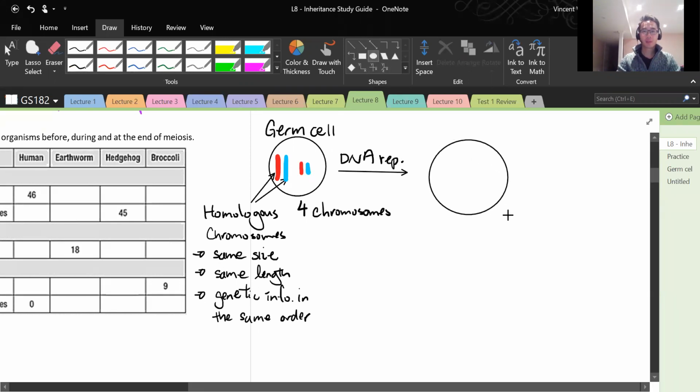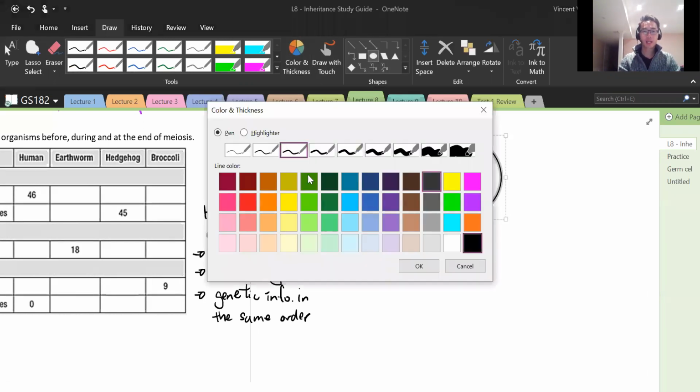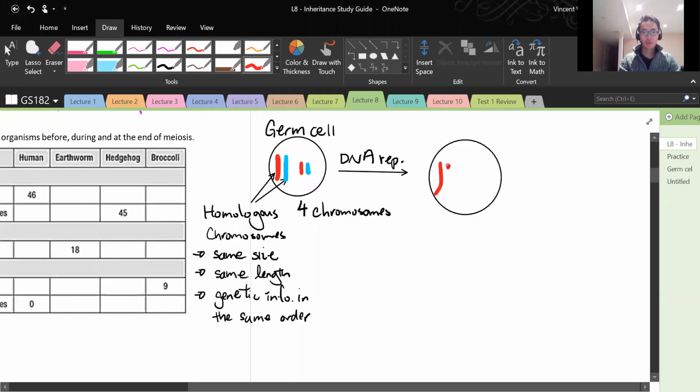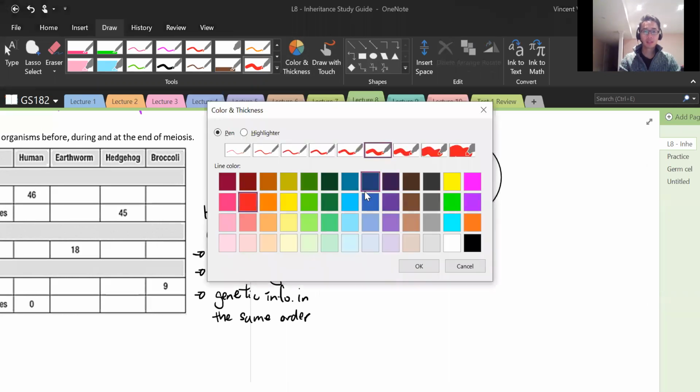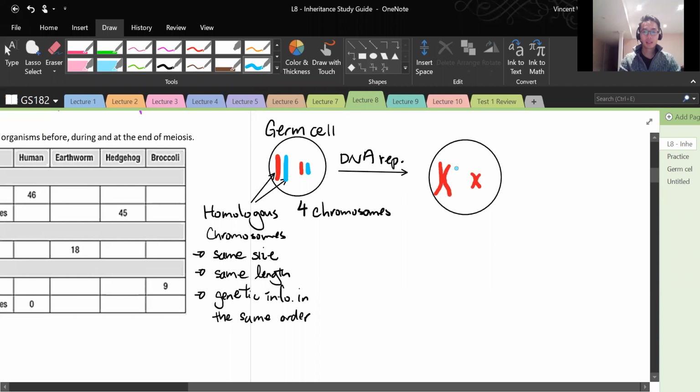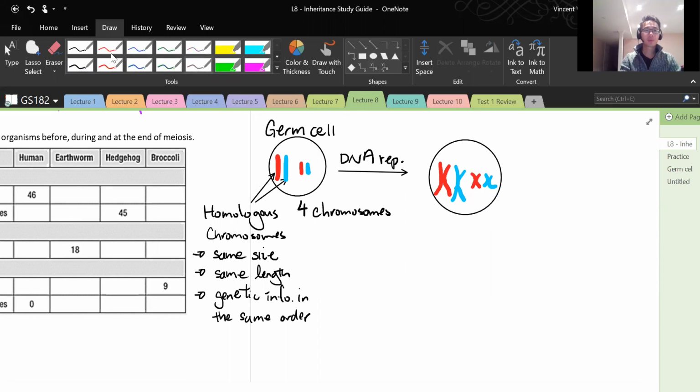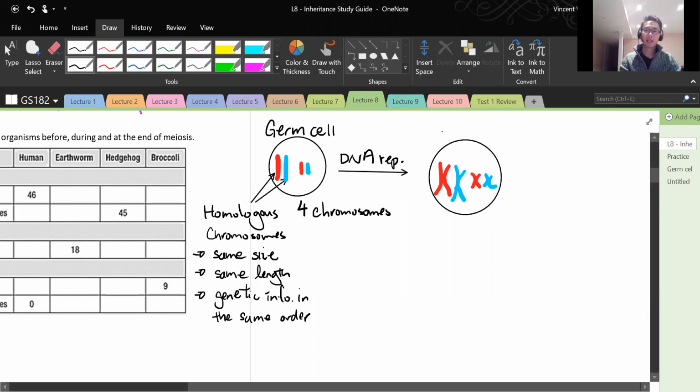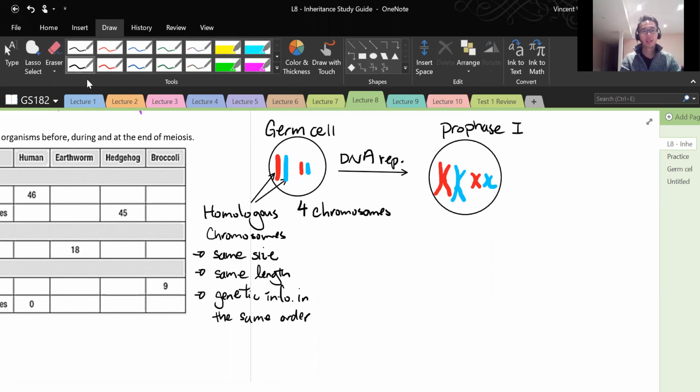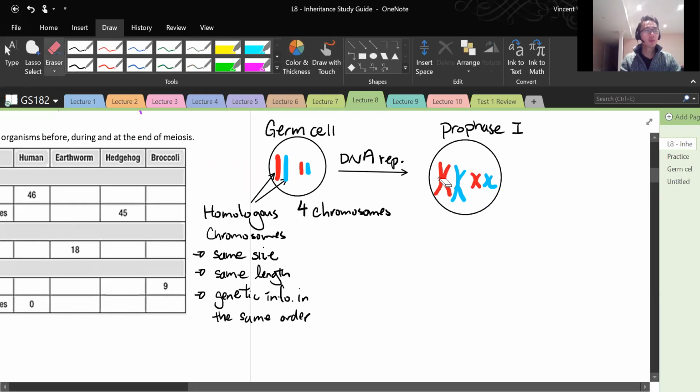So after DNA replication, what's going to happen is we will have 2 of them stuck together, like that. Okay, so this would be kind of like prophase 1. Okay. So how many chromosomes are here?